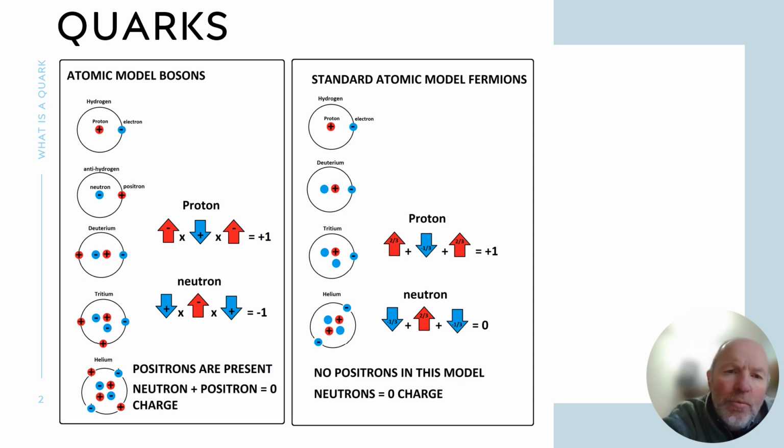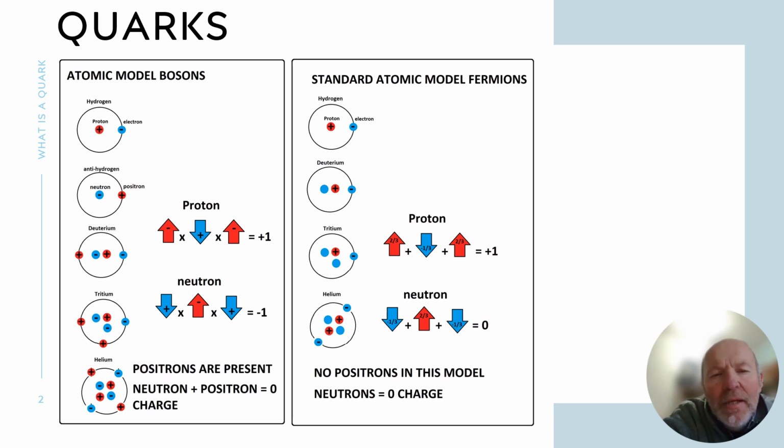And in this new boson-like model, we have charge parity, where the up quark, the red up quark, has a charge of -1, and therefore you would say, oh, it looks like an electron. And the down quark has a charge of +1, and you go, oh, okay, that looks like a proton. Well, in this case, it looks like a positron, which is the antimatter particle of the electron, with the opposite charge and the same mass.